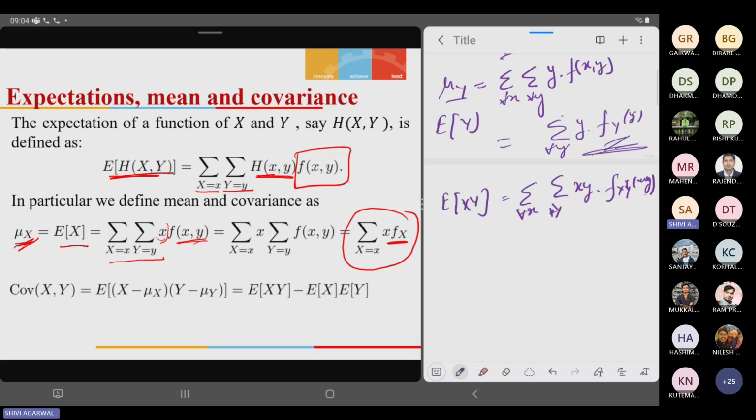Got it? Now the next term coming, after expectation we have done the covariance, variance. So same here we are using the covariance.